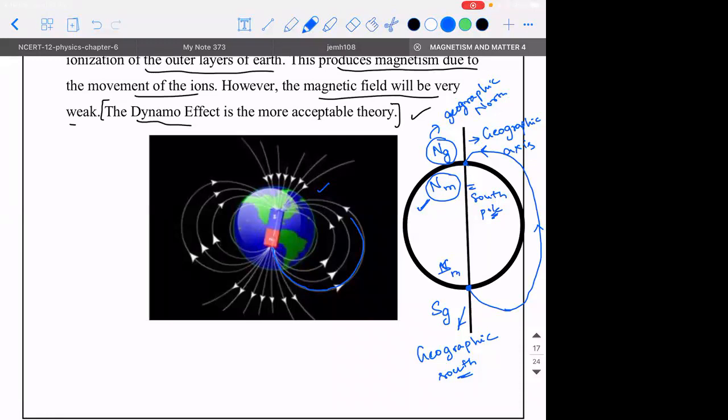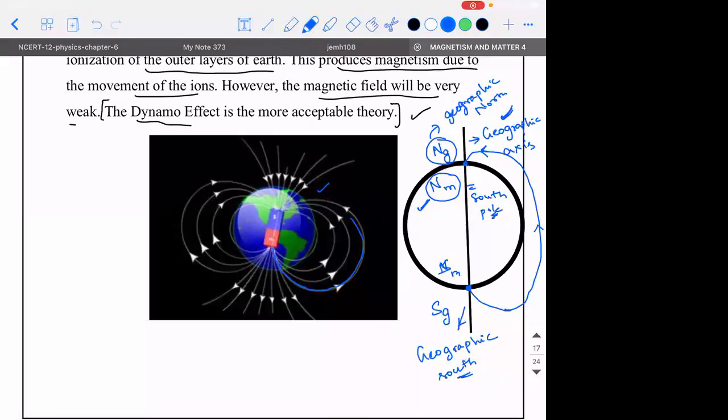Now comes another important question. If you draw an imaginary line passing through the geographic north and the geographic south, we call it the geographic axis.